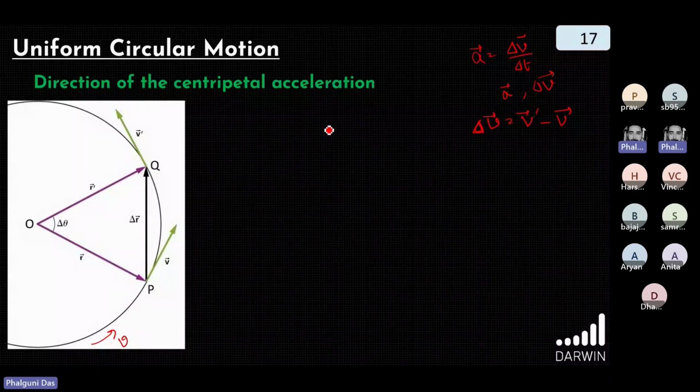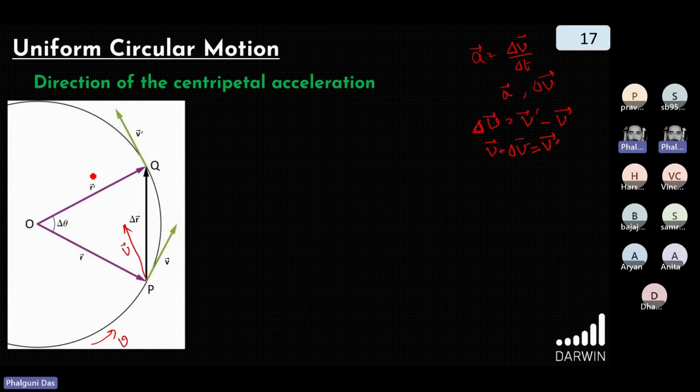So just by a minor adjustment we can write it. If we want to find the direction, we have the directions of v and v prime, right? With a bit of minor adjustment, v plus delta v is equal to v prime. So if we take the triangle, here is v at point P. If we shift the vector v prime here, this is our v prime.